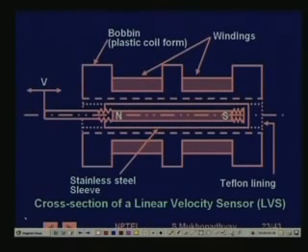Actually, this is an inductive sensor. The inductances of these coils will change because of the motion of the core, and this is a push-pull configuration. If you have push-pull configurations, then you can construct a linear sensor.